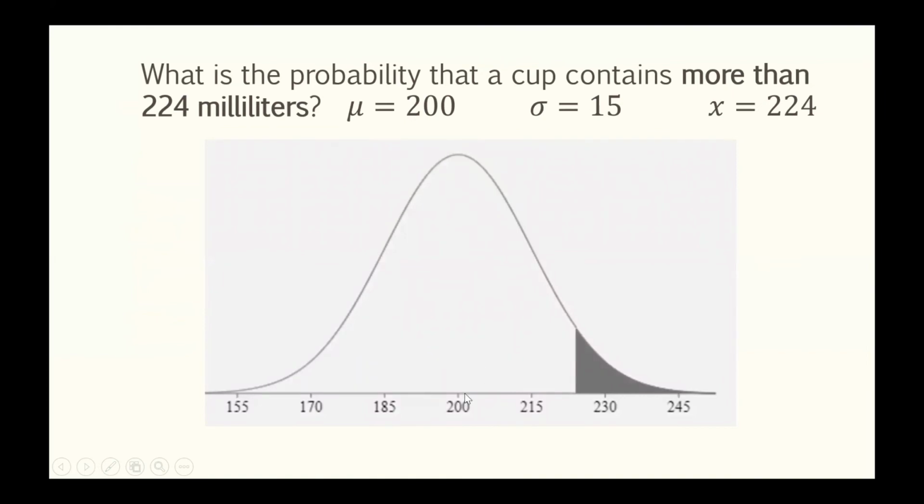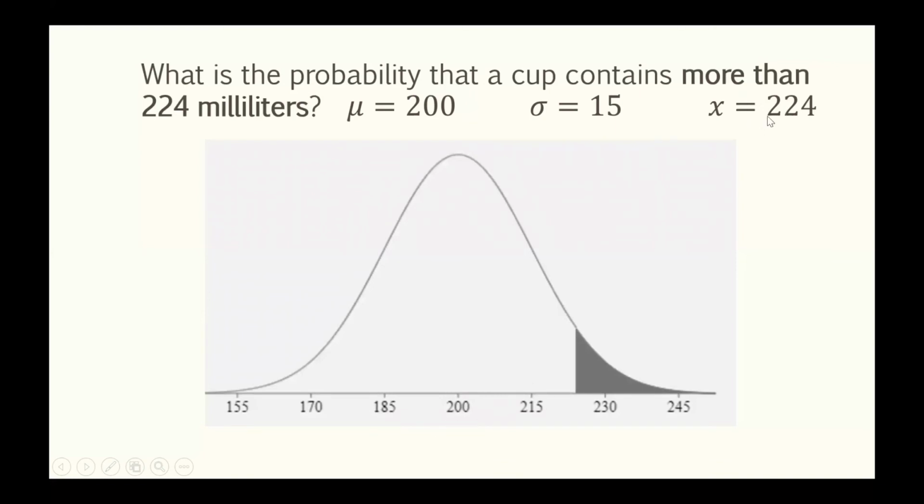The mean here in the normal curve, nasa center siya, we have 200. And you can say that the standard deviation is 15 by observing the numbers on the baseline. 215 minus 200, we have 15. 200 minus 185, that is 15. So that is the width of the normal curve.